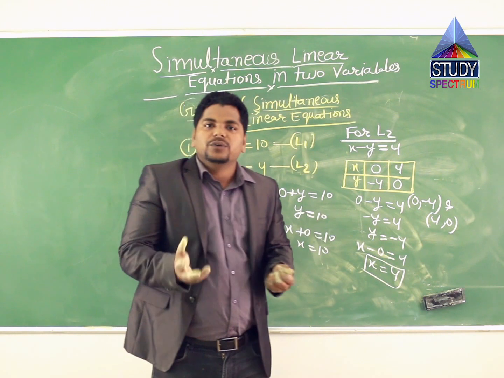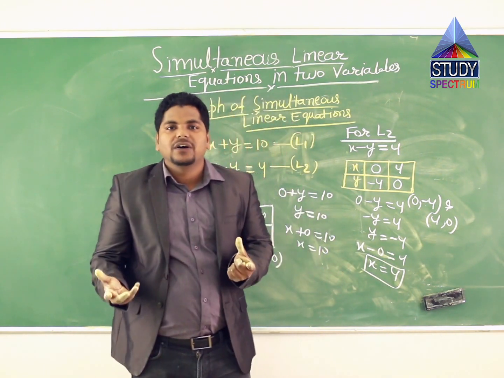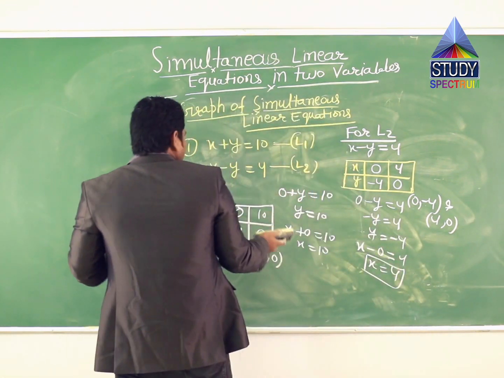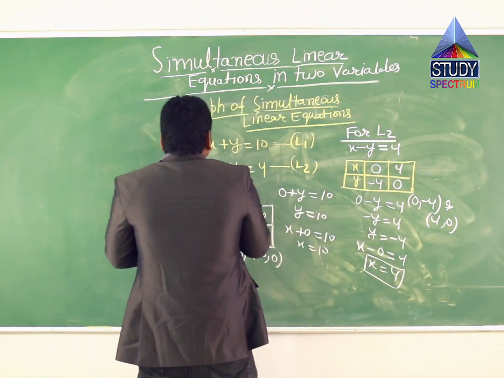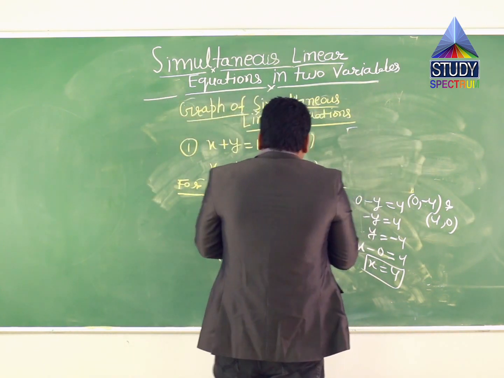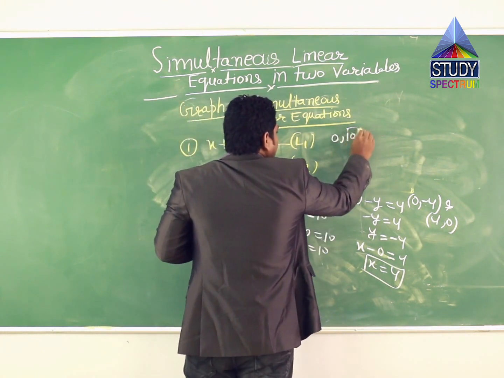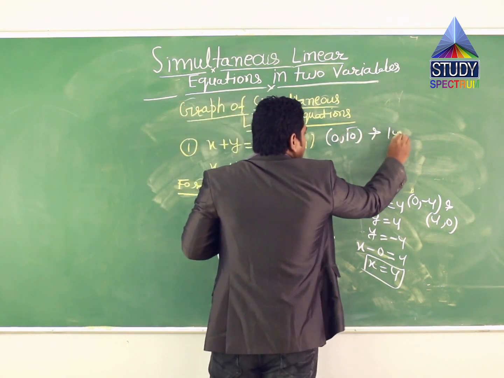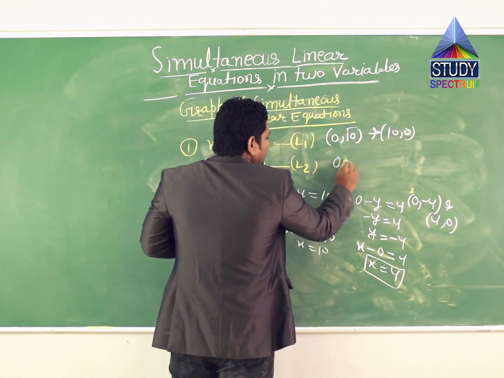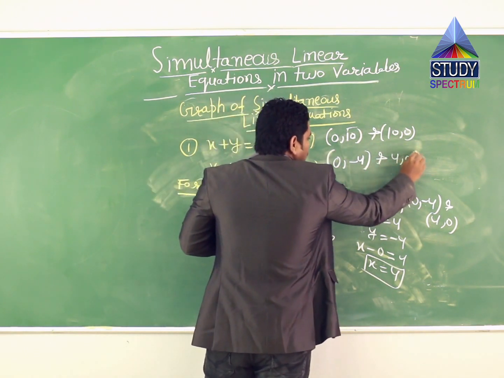So we'll draw both of the straight lines one by one on the same xy plane. For L1 we have points 0, 10 and 10, 0. For L2 we have points 0, minus 4 and 4, 0.